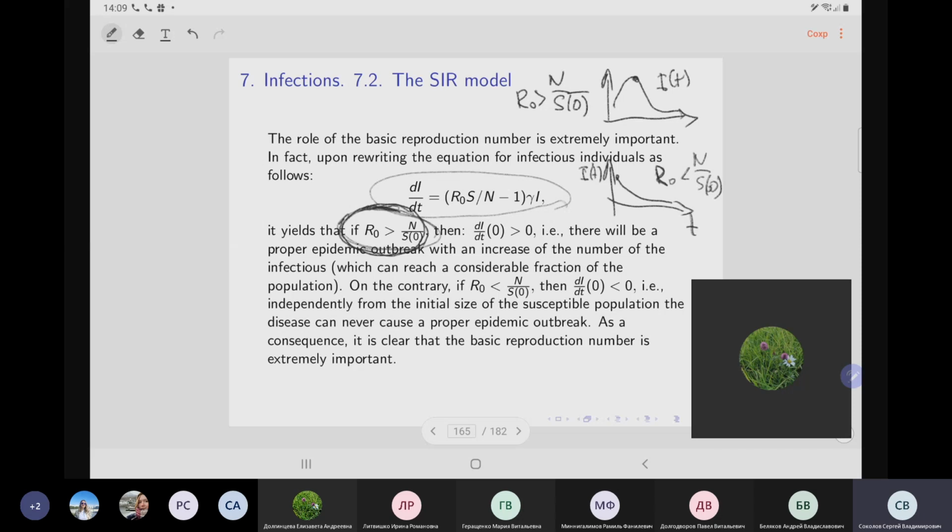For example, let us see, if for COVID R0 is 5, then the susceptible number must satisfy the following equation. So S0 must be less than 20%.